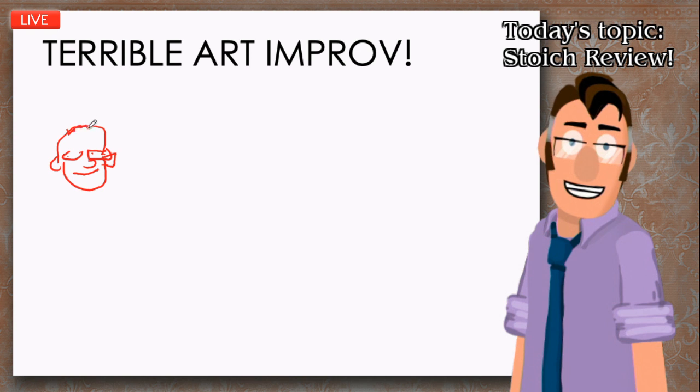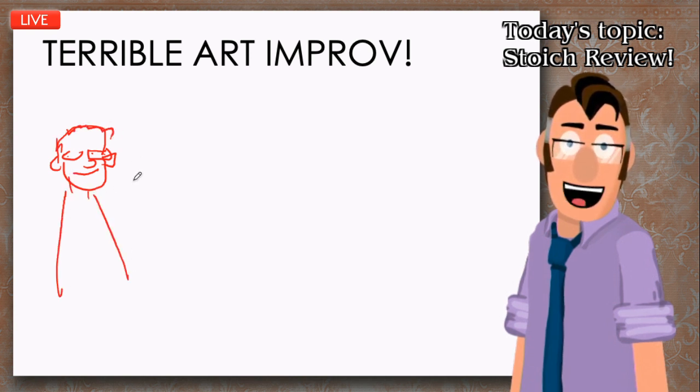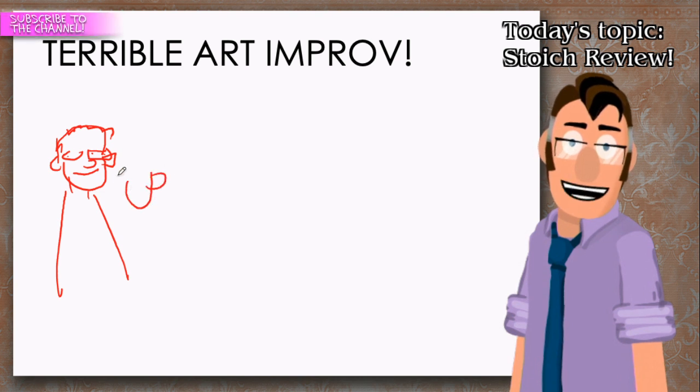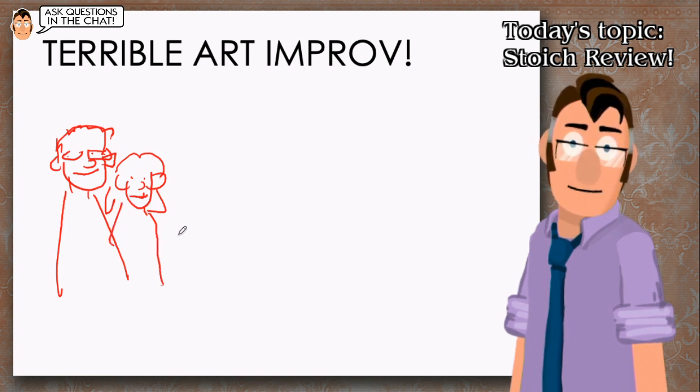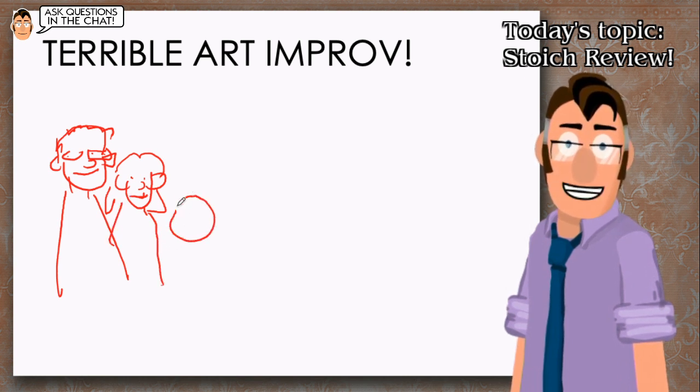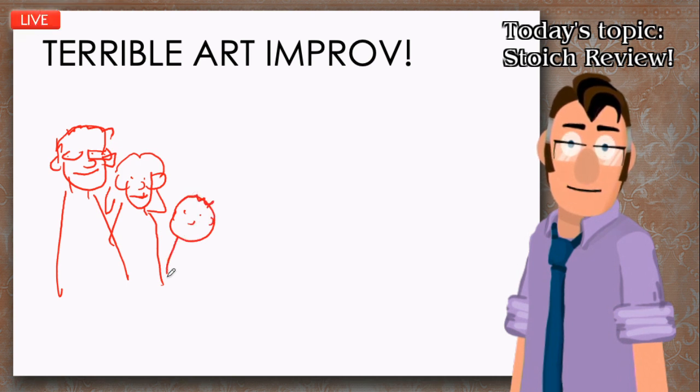I'll make this quick. My wife's not going to like this. There's my beautiful wife. She doesn't look anything like this. All right. Let's just keep going. There's Enzo. He's doing well.